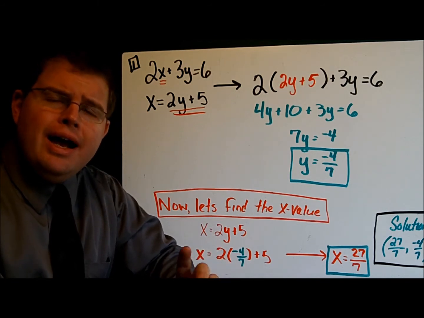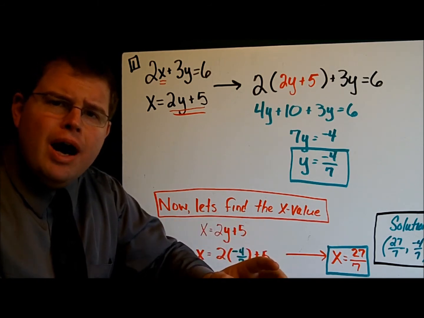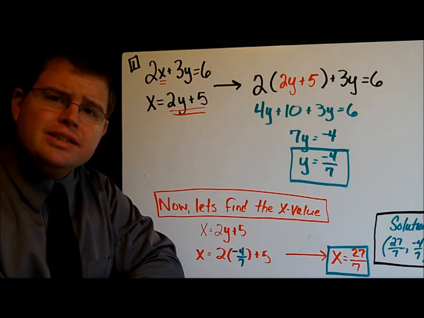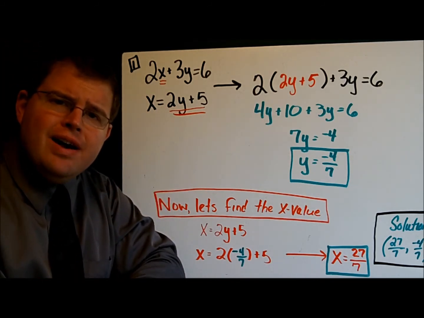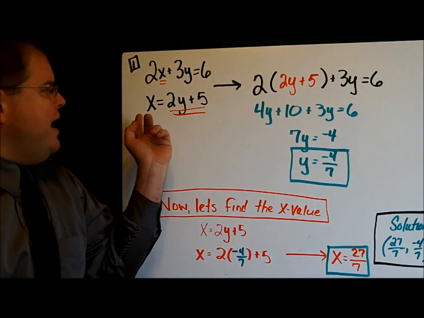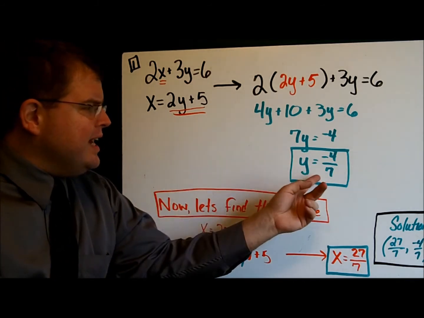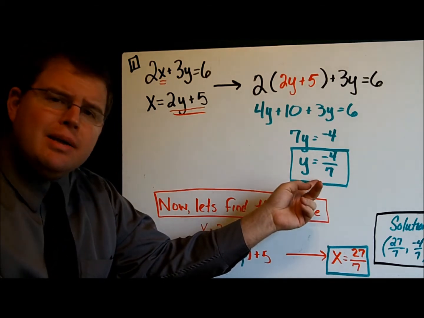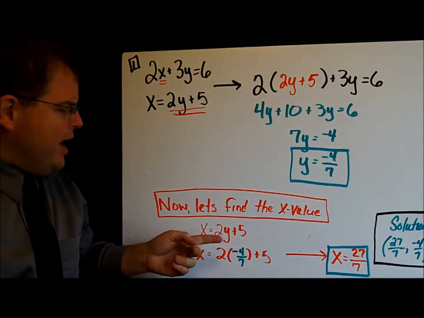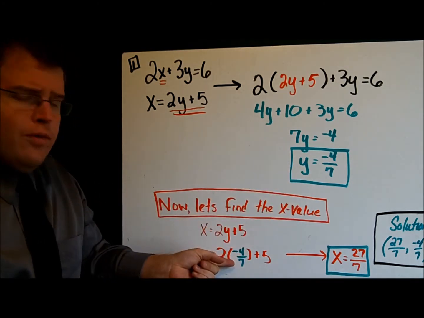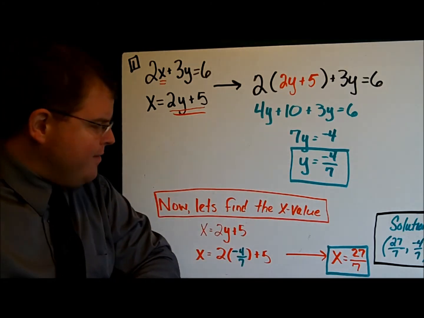But remember, I need to have an x and a y, because I had both an x and a y in my original equations. It's actually easy to find the second value. x is 2y plus 5. Since I know what y is, I can substitute that in: 2 times negative 4 over 7 plus 5.